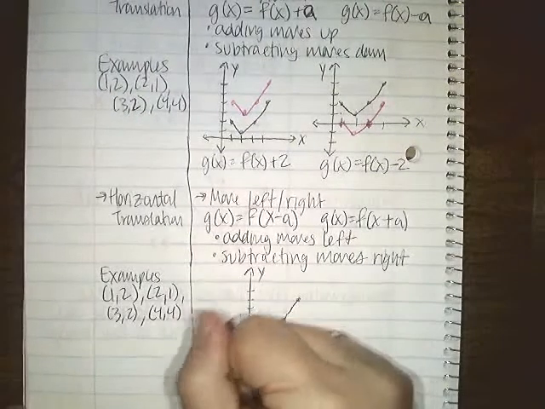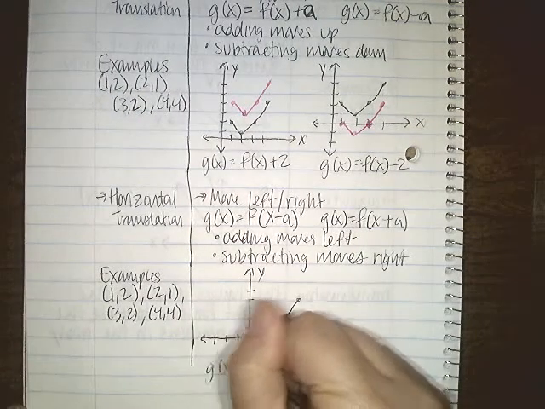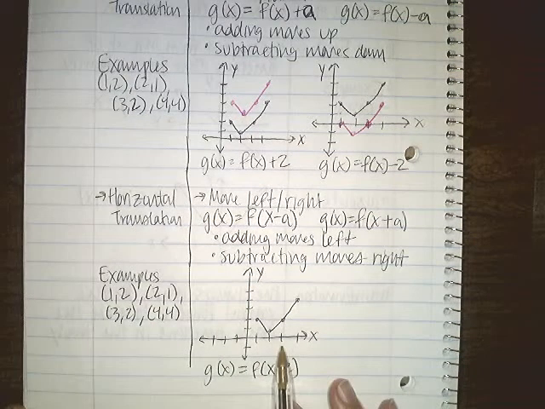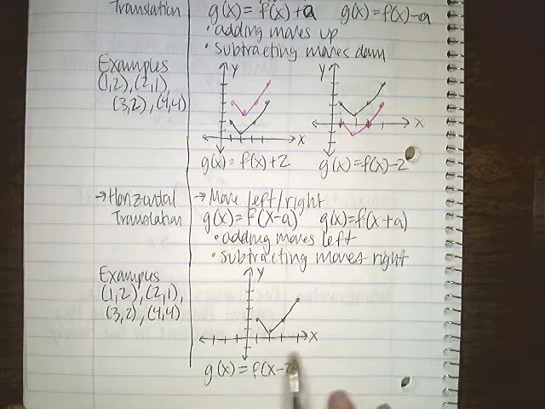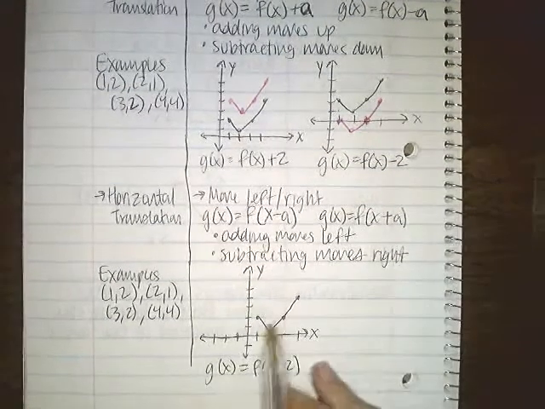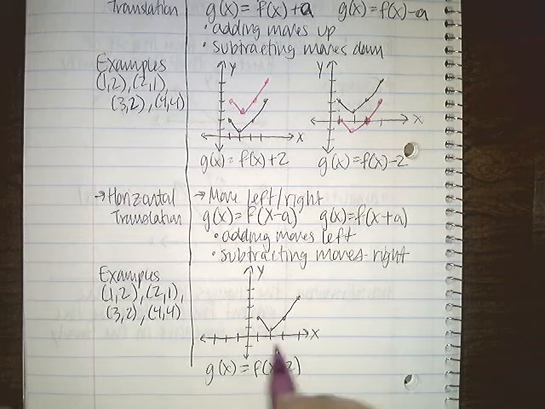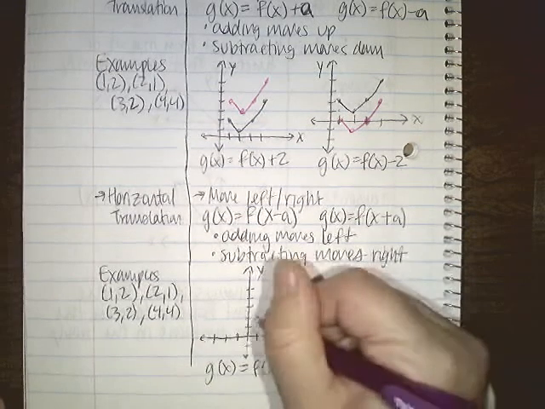And we'll say that this one is moved 2 to the right. Sorry, I'll do plus 2. This one will be 2 to the left. So I'm going to do f of x plus 2. So this is actually going to move 2 to the left.